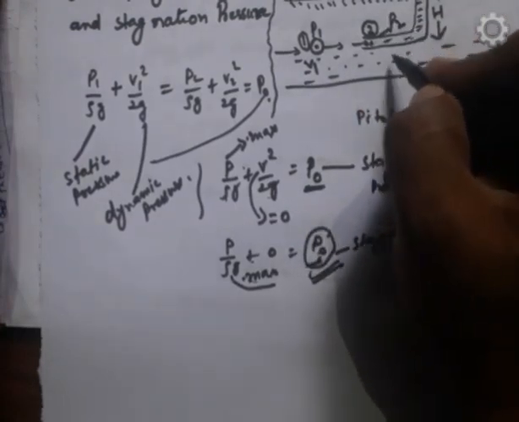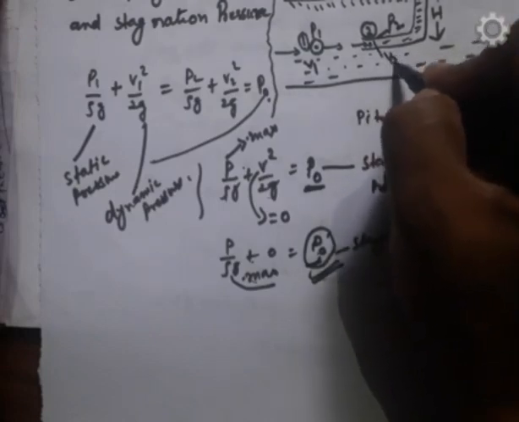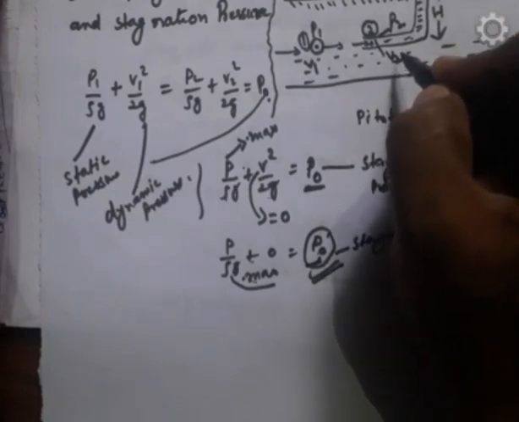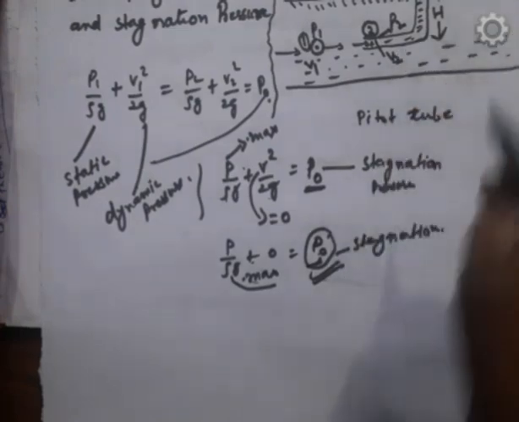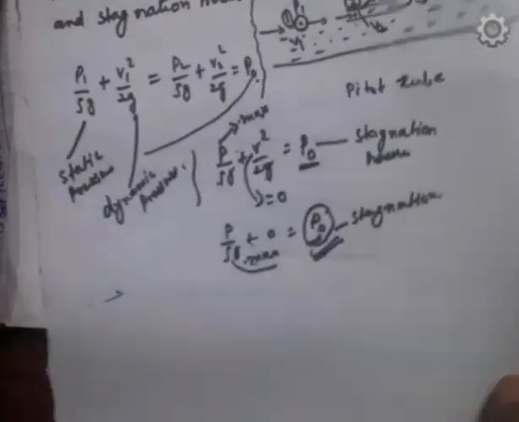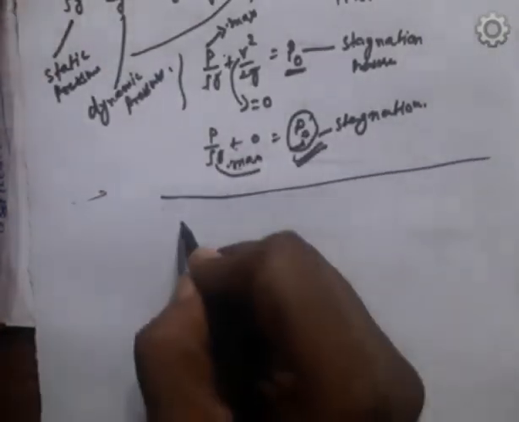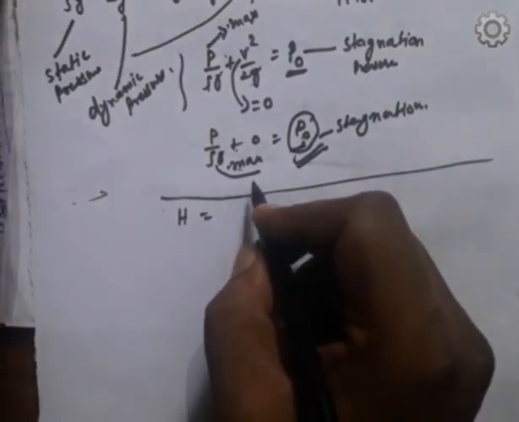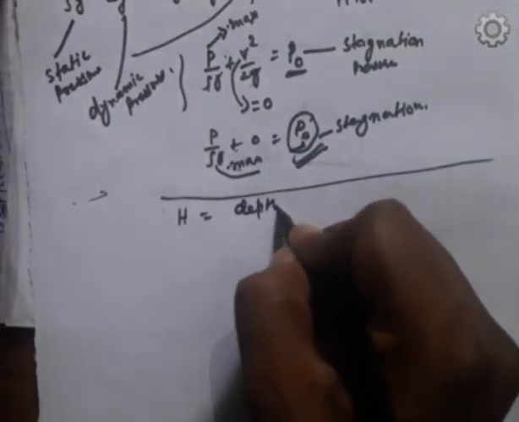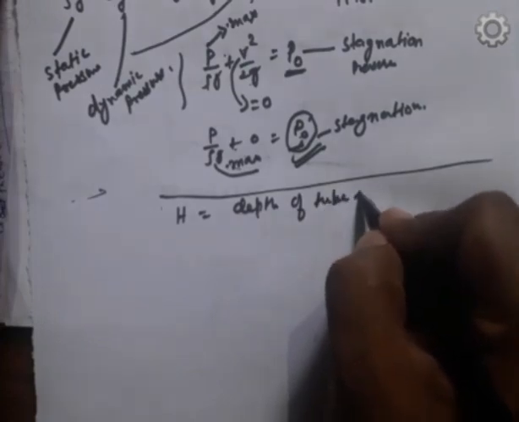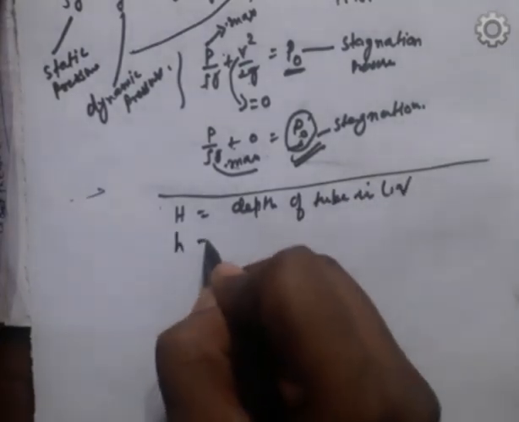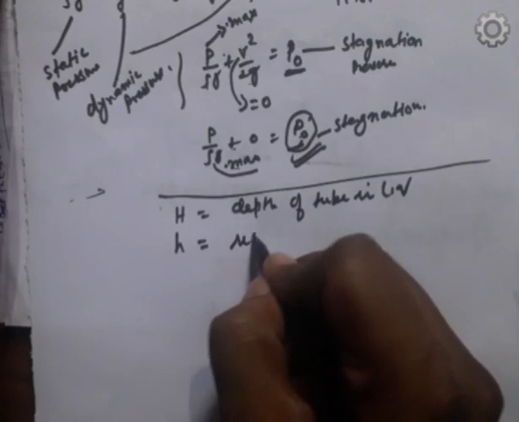Similarly, V2 is the velocity at point 2. h is equal to the depth of the tube in the liquid, and H is equal to the rise of the liquid.